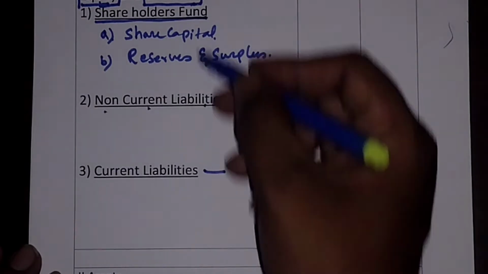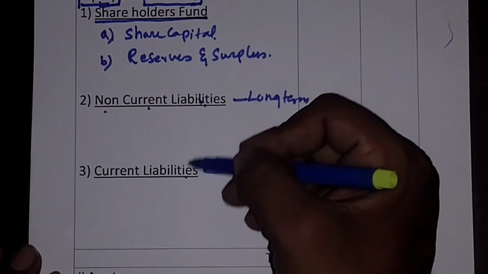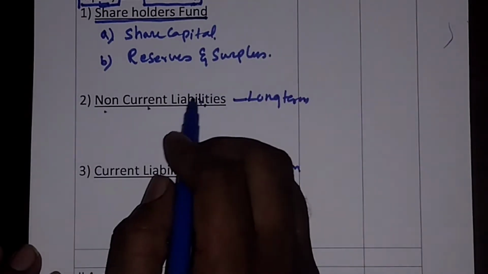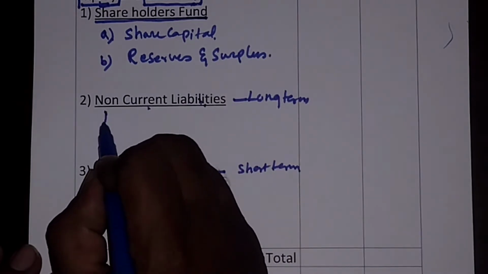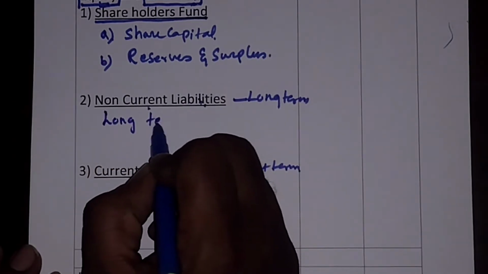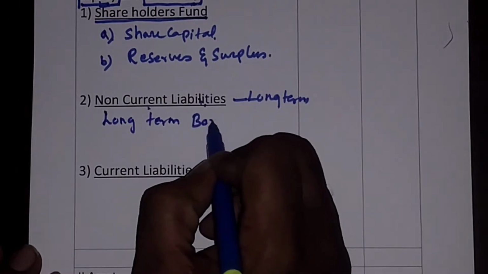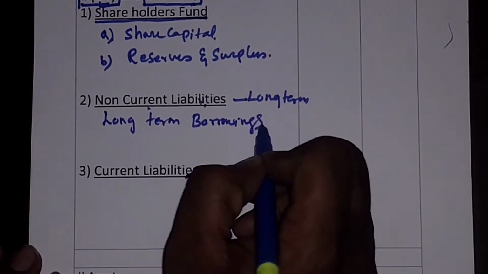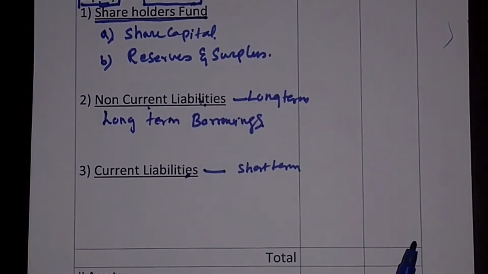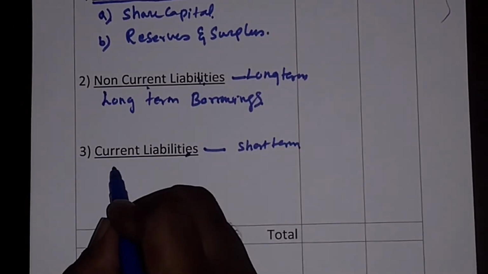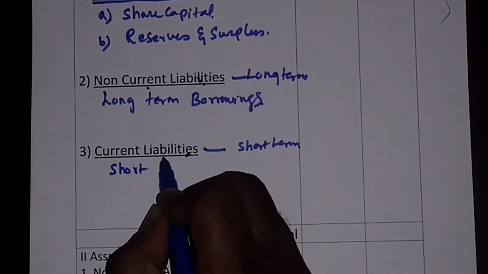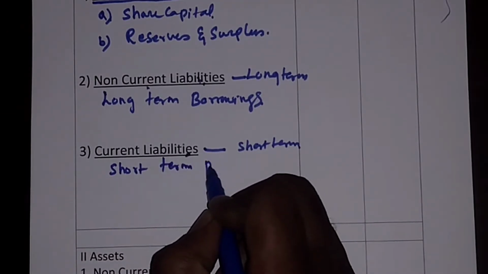The liabilities are subdivided into long term and short term. Under non-current liabilities, long-term borrowings will appear. Under current liabilities, what will appear? Short-term borrowings.